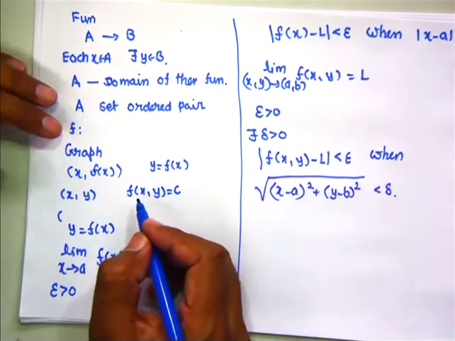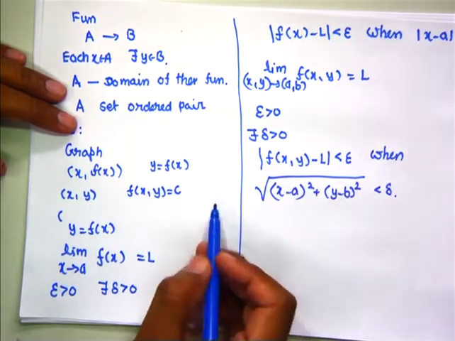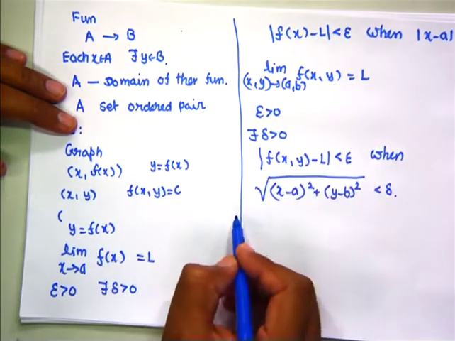So this is the limit of the function. Similarly we can define the limit for a function of n variables also.